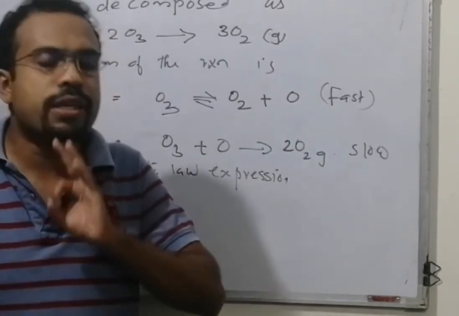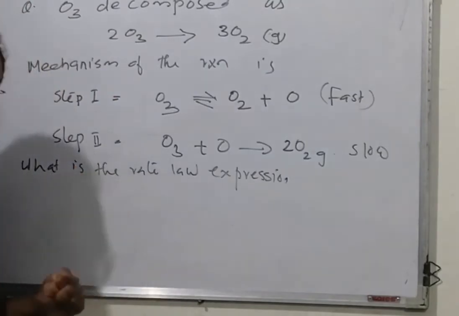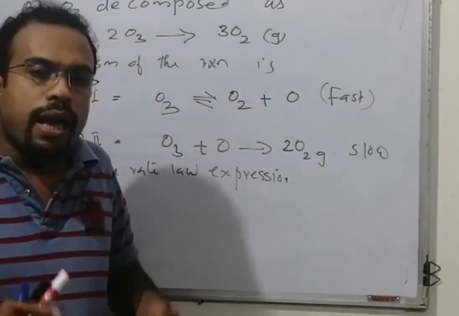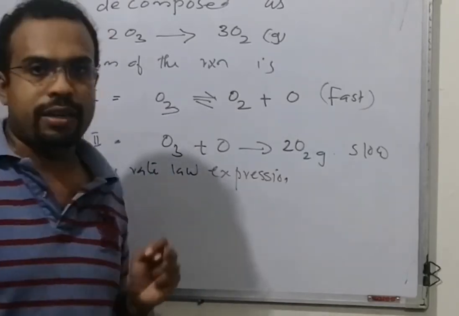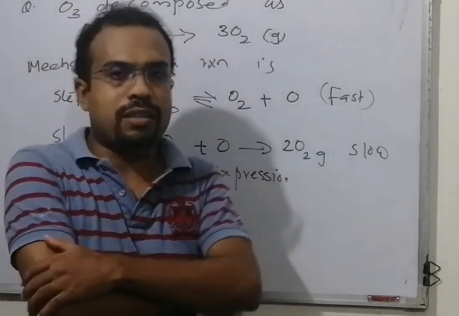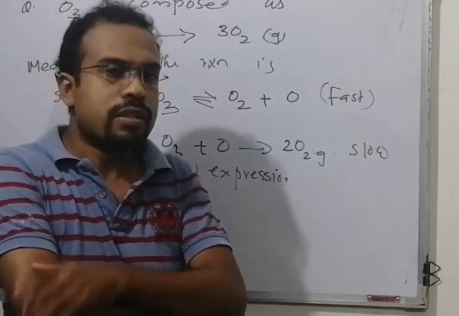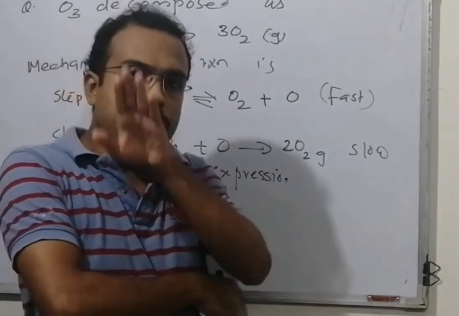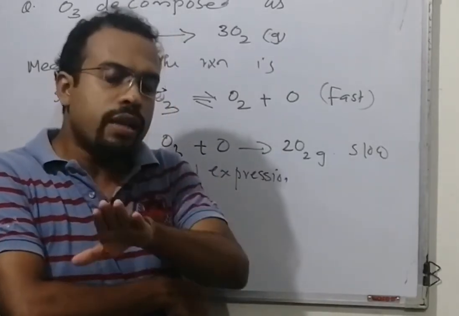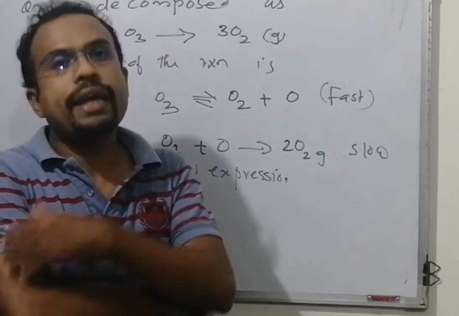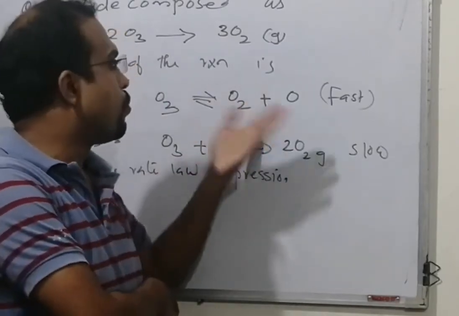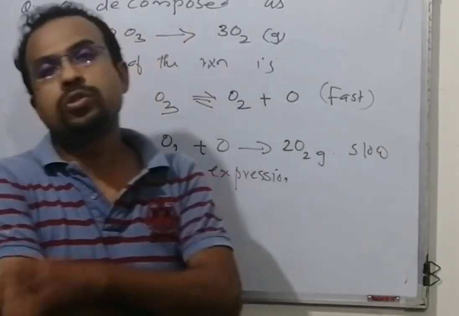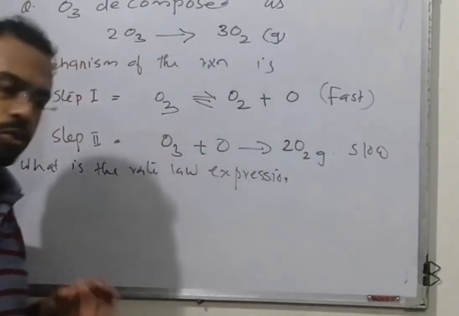You can apply the steady state approximation only if you have 2 reactants and an energized reactant is formed in the first step. Understand that? Then only is steady state approximation applicable. Otherwise, you don't follow it. Anyway, we can come to this question.